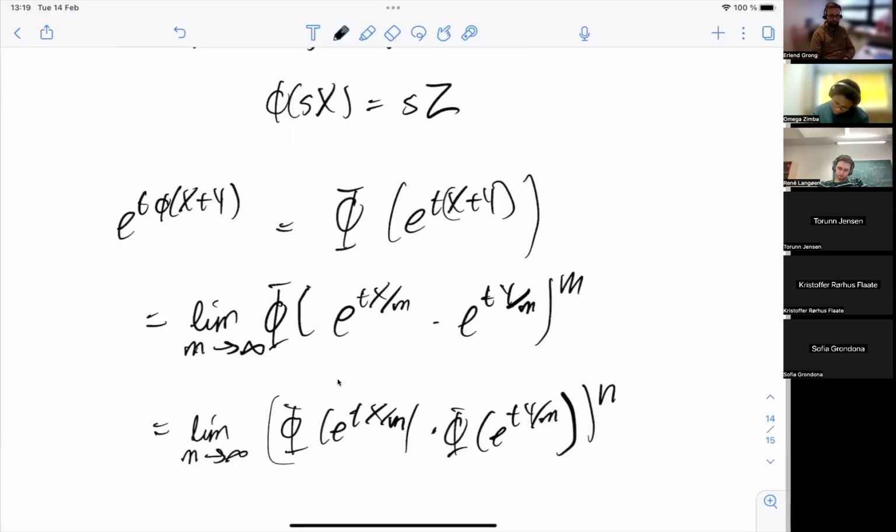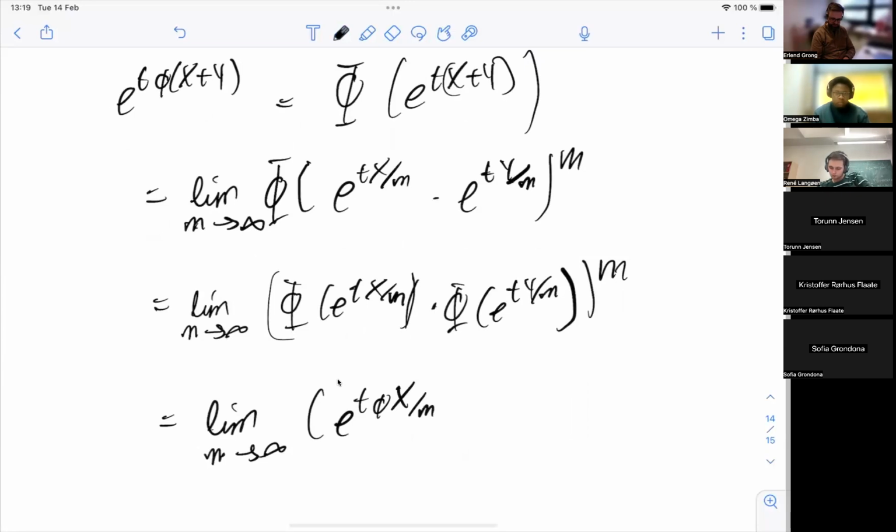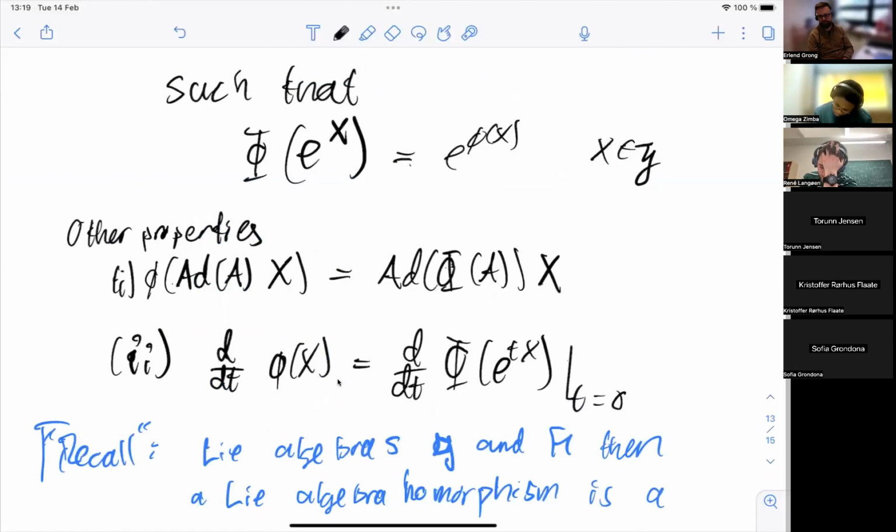This I can write as the limit as m goes to infinity of (e^{t phi(X)/m} e^{t phi(Y)/m})^m, because we just showed that it was invariant under scalar multiplication, and the limit here is e^{t} then phi of X plus phi of Y.